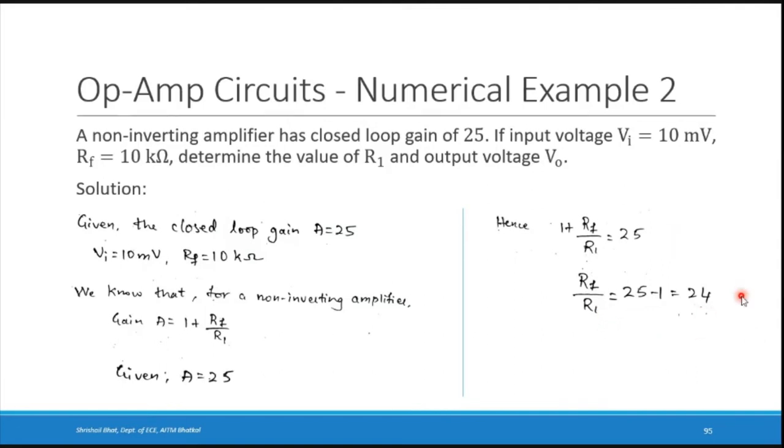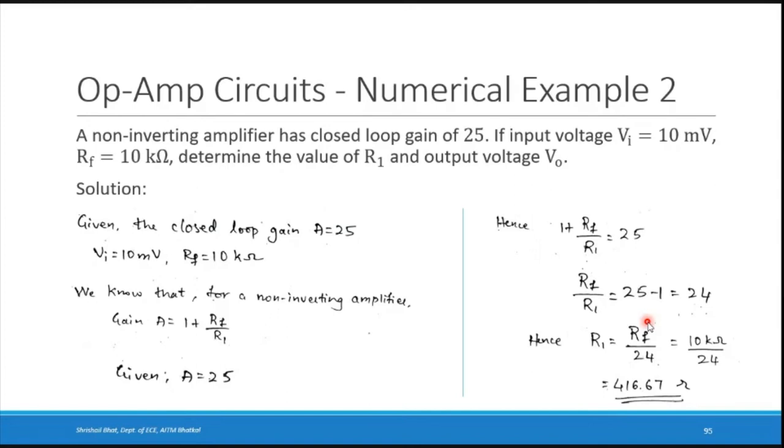So what is R1 equal to? R1 will be equal to RF by 24. You just rearrange that. RF is given as 10 kilo ohms, divided by 24, how much is that? 10 kilo ohms by 24 is 416.666, right?